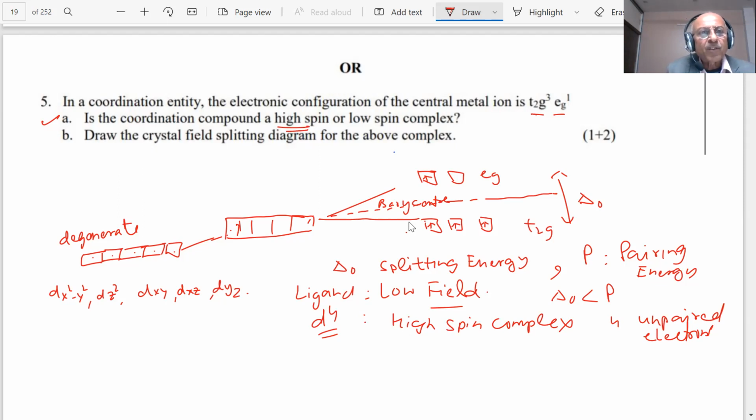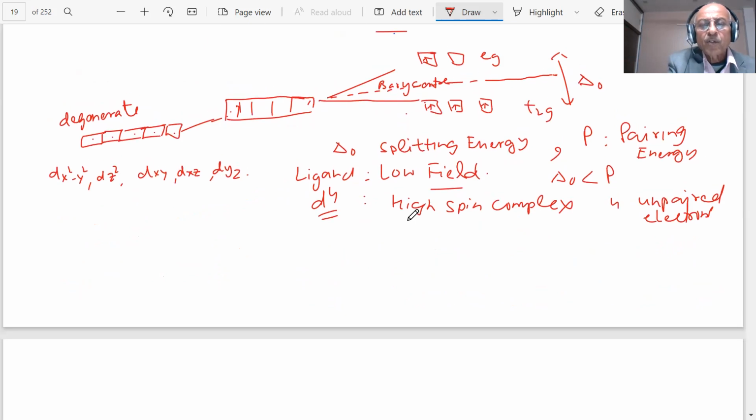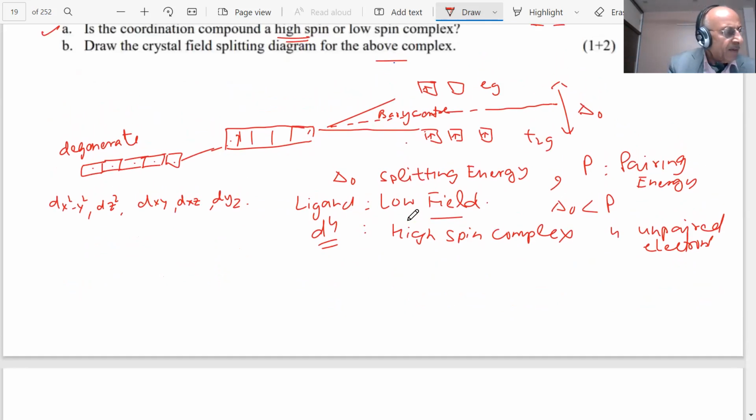Now draw the first question. Draw the crystal field splitting diagram of the complex. We have already shown you. This is the crystal field splitting in this case. It is an example of the d4 case, and an example of high spin. Let us see the answer which is given. The splitting is taking place as you have seen here.